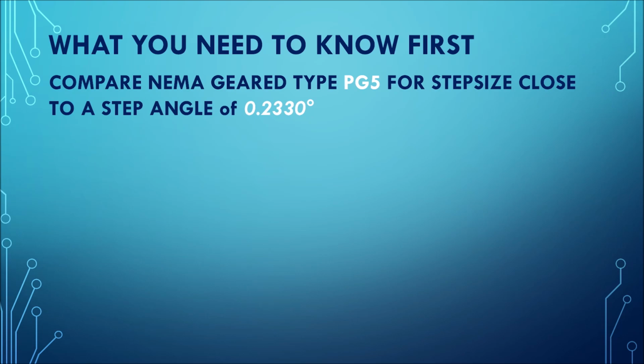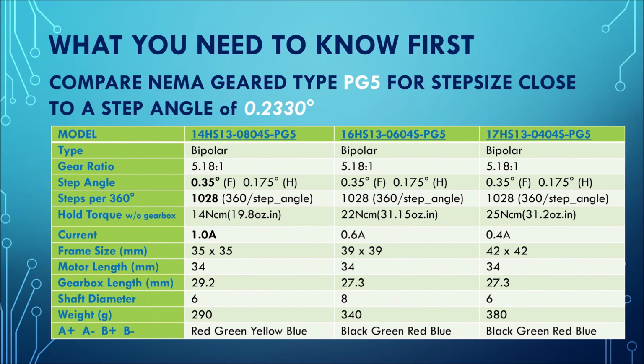There are a number of different types of NEMA planetary geared stepper motors, and they start at around the PG5 or 5:1 ratio. And here they are, here's 3 PG5 choices. There's a NEMA 14, a NEMA 16, and a NEMA 17.